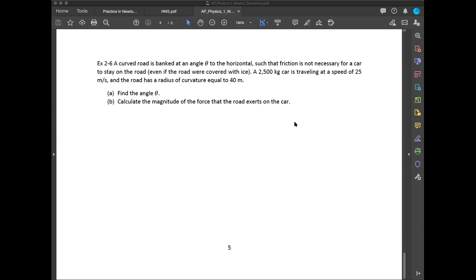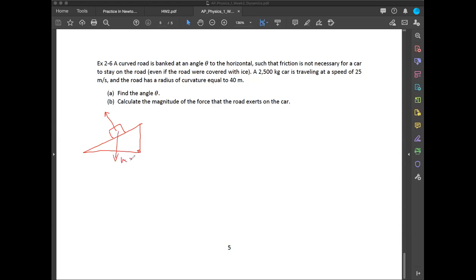So this is a type of horizontal circular motion. All right.